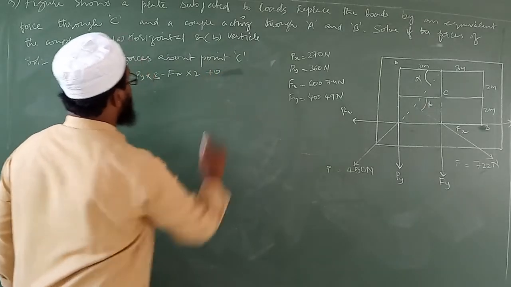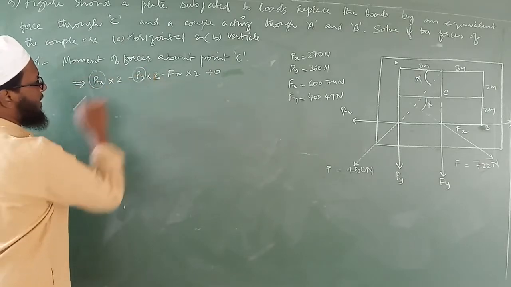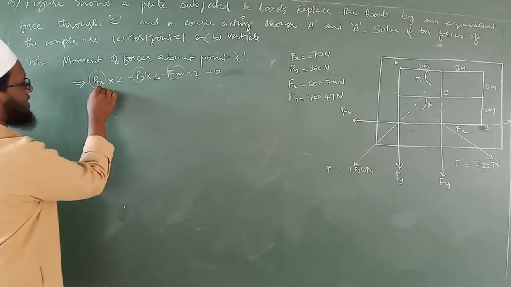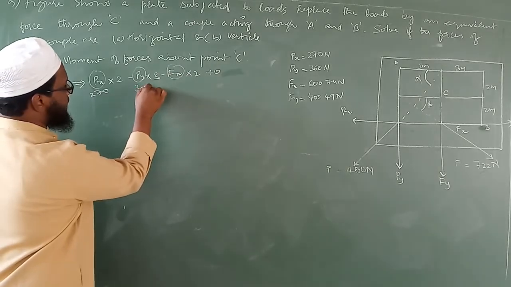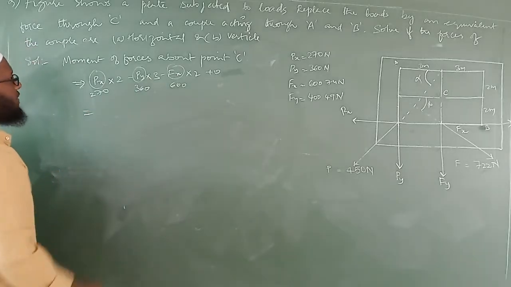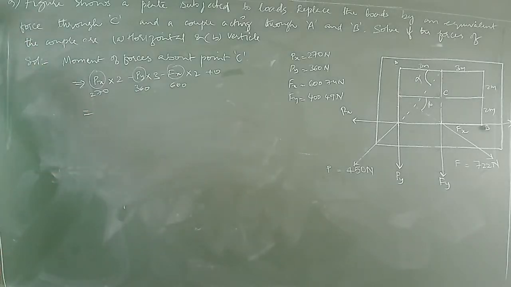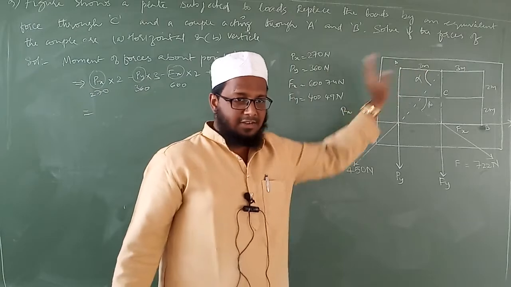Sorry. So now can you tell me what is the value of Px and Py? Substitute. This is how much? 270. Py is 360. Fx is 600. Tell me the entire value. No. See, we are considering those minus and plus in our clockwise and anti-clockwise.